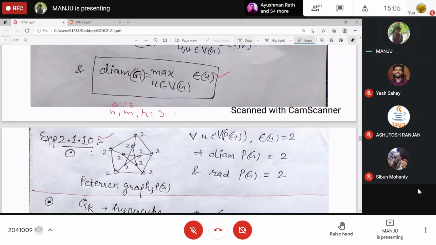So the eccentricity of every vertex in the Petersen graph is 2. Diameter is the maximum eccentricity, and the minimum eccentricity is the radius, so everything here is 2.